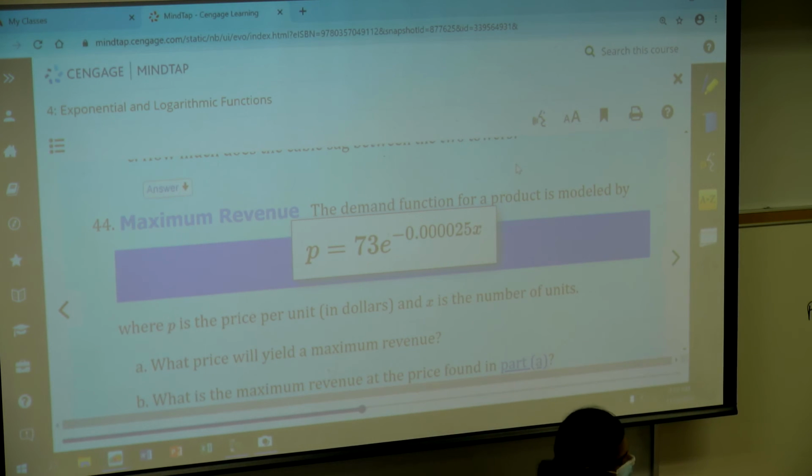Now we can use product rule, which is u, v prime, plus v, u prime.